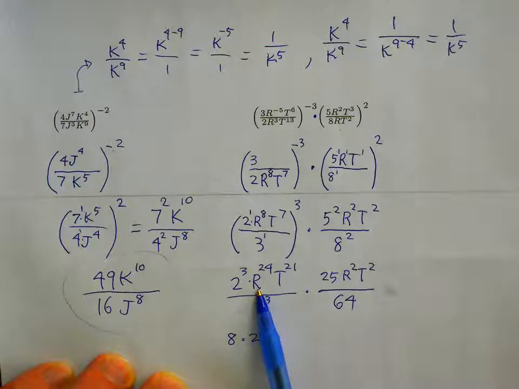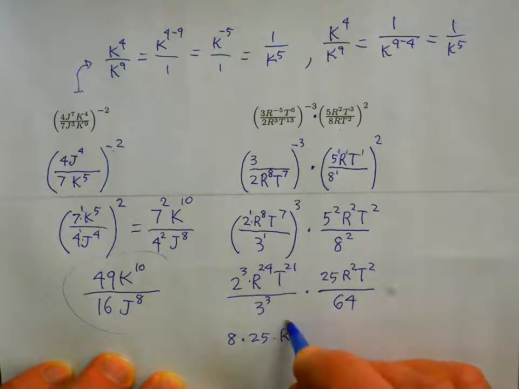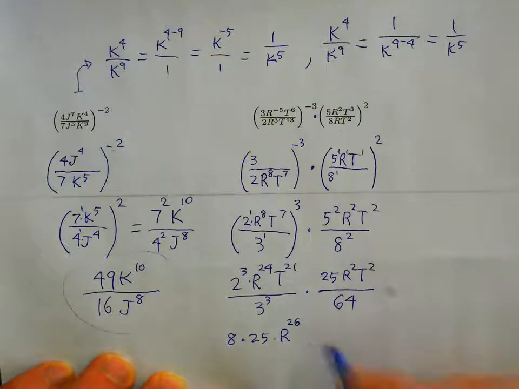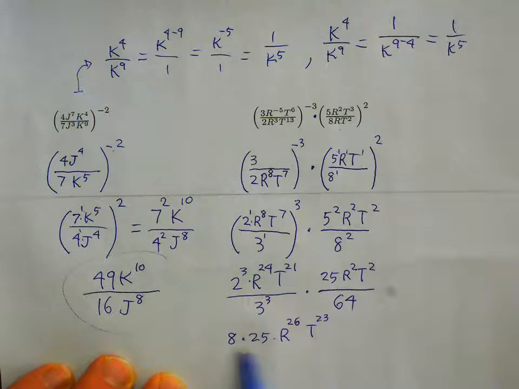And we can simplify r to the 24th times r to the second. So that's r to the 26th. And then also t to the 21st times t to the second is t to the 23rd. So that takes care of everything in the numerator so far. And in the denominator, 3 to the third is 27 times 64.